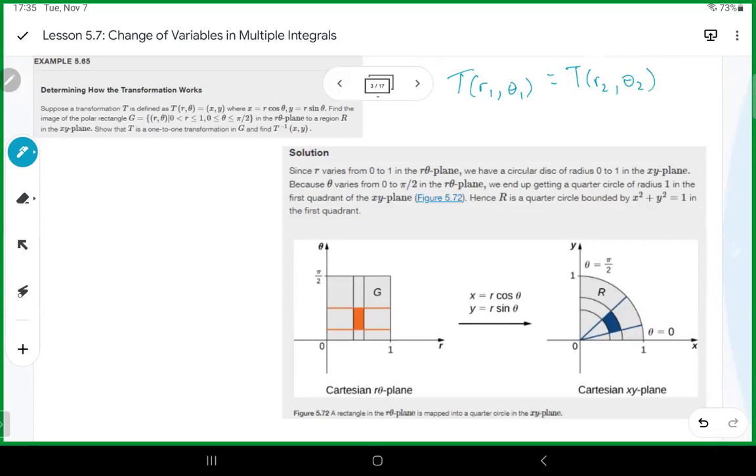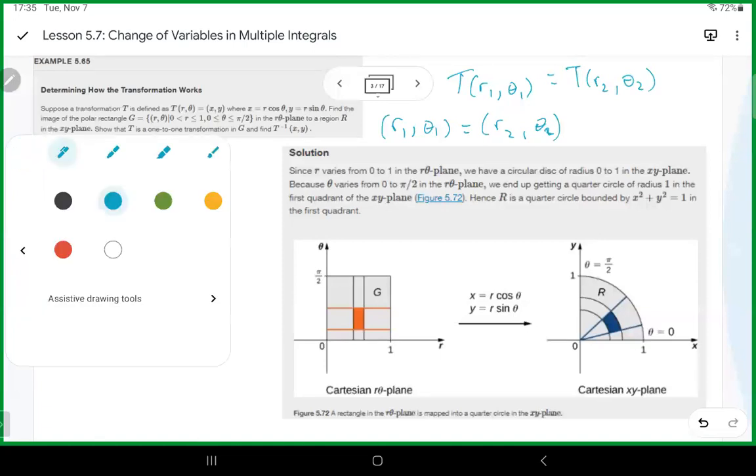Then R sub 1 theta sub 1 will have to equal R sub 2 theta sub 2. If that's the case, we would have where we started up here. So we write it over here.